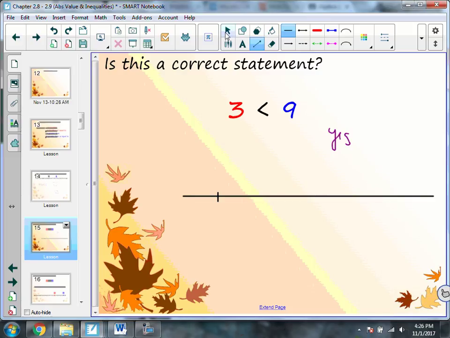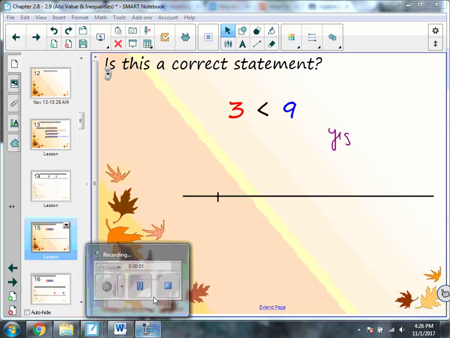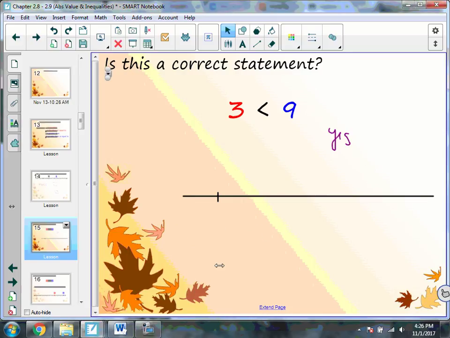Here is 3. 3 would be right here. 5, 7, and then 9.